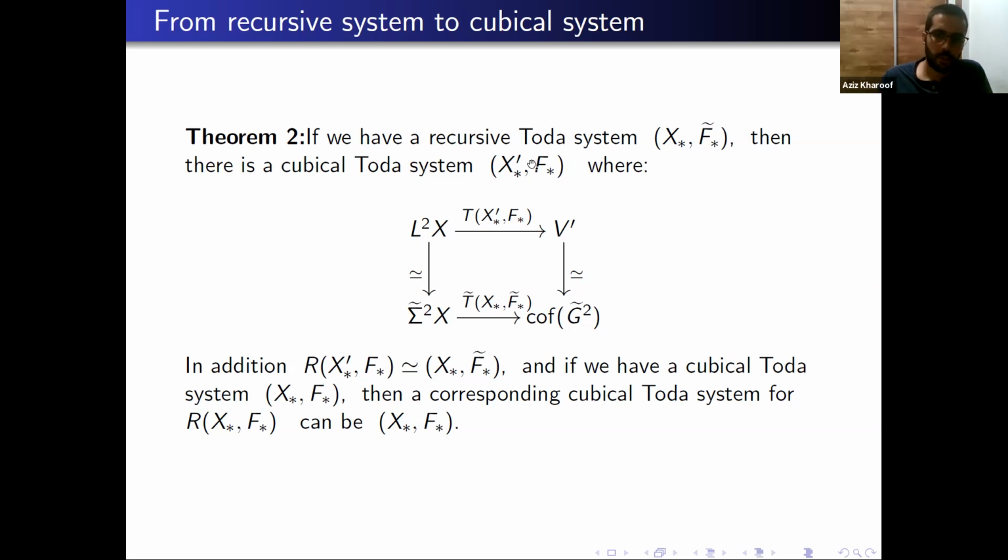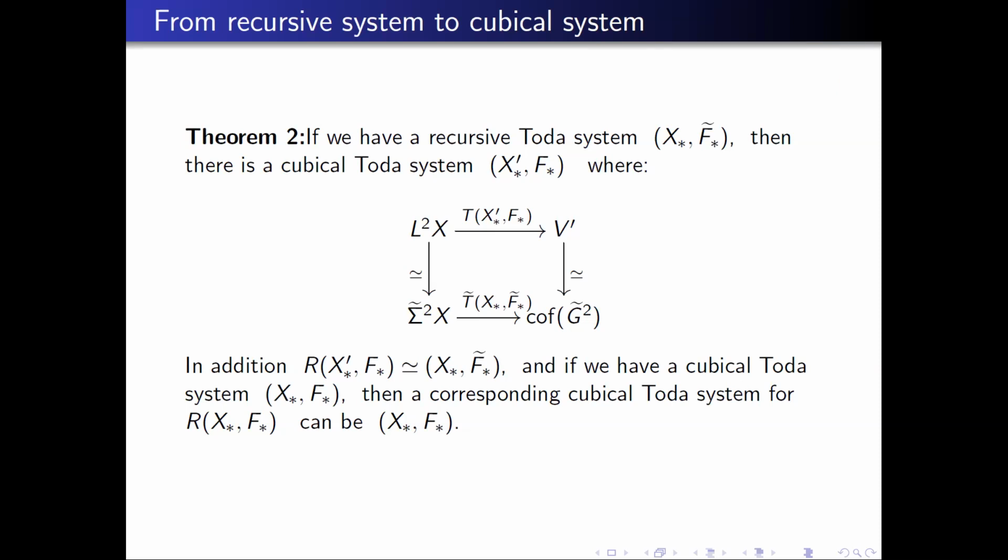If we have a recursive Toda system, and one chooses the corresponding cubical Toda system and applies R, the functor from the cubical Toda system to the recursive one, you get something equivalent. Even if someone does the other direction, first you have a cubical Toda system and apply R, and get something, you can choose this to be the corresponding one. So you get something equal. Okay, so that shows the equivalence between them.